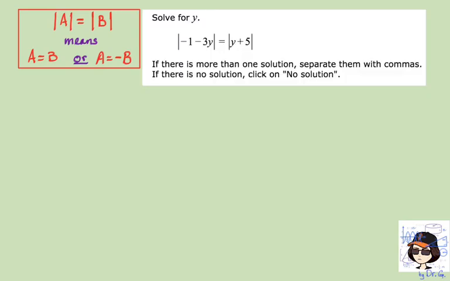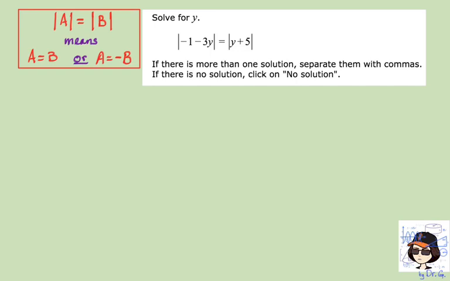So let's use that concept on this problem. So we have an equation that has two absolute values. The absolute value of negative 1 minus 3y is equal to the absolute value of y plus 5. So we're going to use this concept in the box on the left. It says that we've got two possibilities.